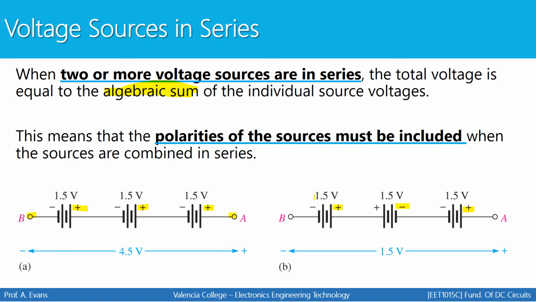That just leaves a final voltage of 1.5 volts. So keep in mind, polarity is always important. The positive terminal of your source will always be the longer edge. So if the plus and minus are not shown, you can always assume that the longer terminal, the longer edge of your symbol is the positive terminal of your voltage source.